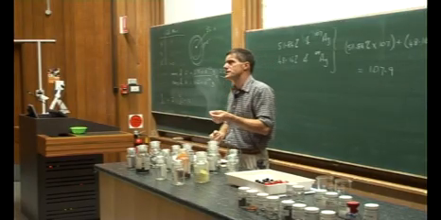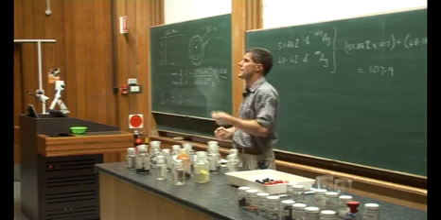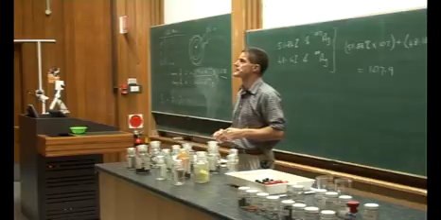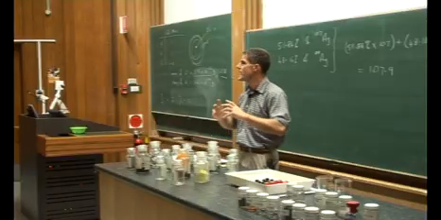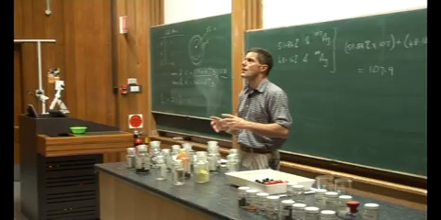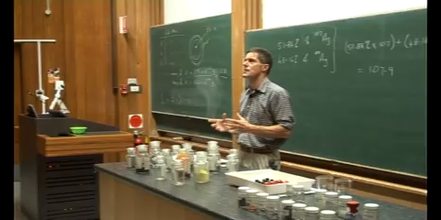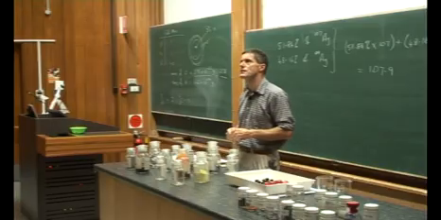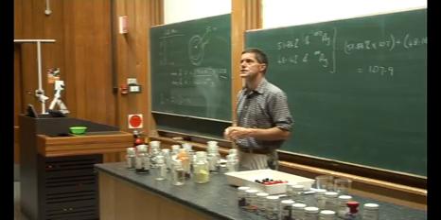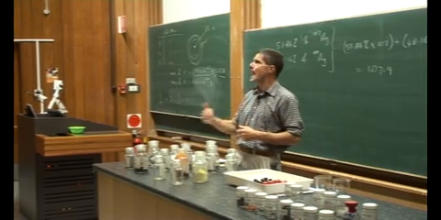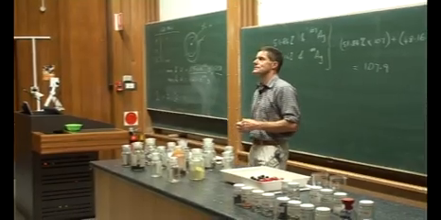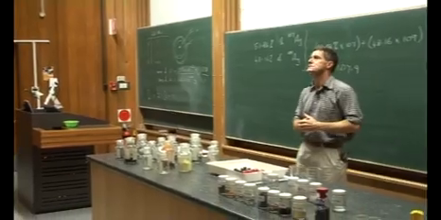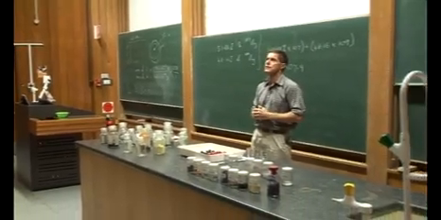You might be looking at the periodic table and say, but under carbon in the periodic table it says 12.01. And that is correct, because in a natural sample of carbon, though it's 99% carbon-12, there is about 1% of the heavier isotope of carbon, carbon-13. And as a consequence of that, the average mass of the Avogadro number of carbon atoms is just a tiny bit over 12 grams.